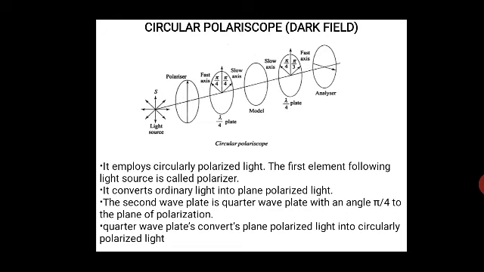Whereas in the plane polariscope arrangement, the light incident on the model is linearly polarized. Therefore, the linearly polarized light is incident on the quarter wave plate at 45 degrees to the axis of the plate. Remember this. And the light emerging from the plate is circularly polarized light.